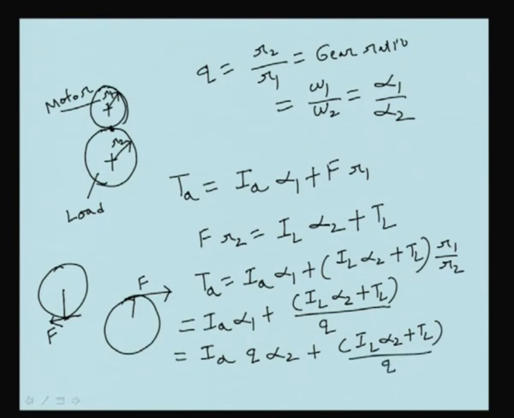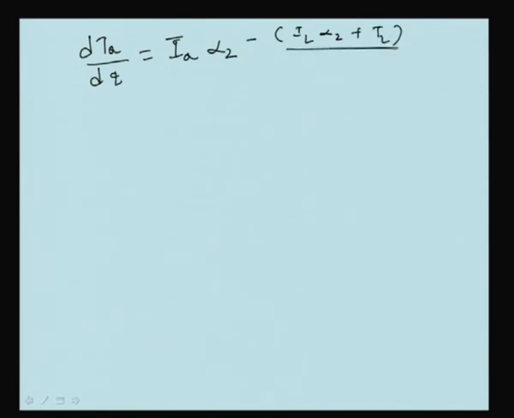Now dTA by dQ is equal to IA times alpha 2 minus IL alpha 2 plus TL divided by Q square.